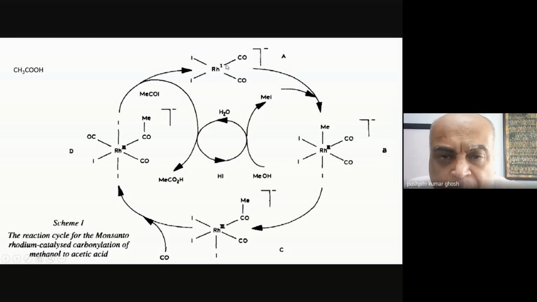Rhodium can exist up to a 6 coordination comfortably. In some compounds, it is at a high coordination, but getting a octahedral coordination is not a problem. So it is, in that sense, coordinatively unsaturated. So I can add things across the rhodium.